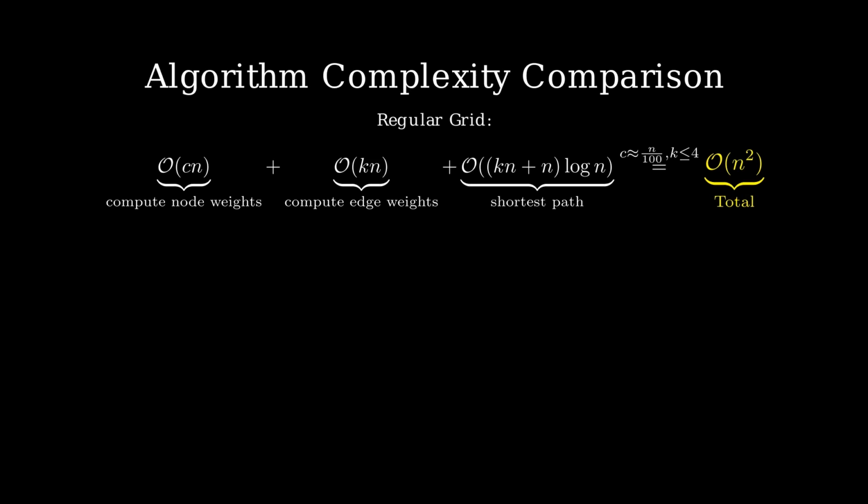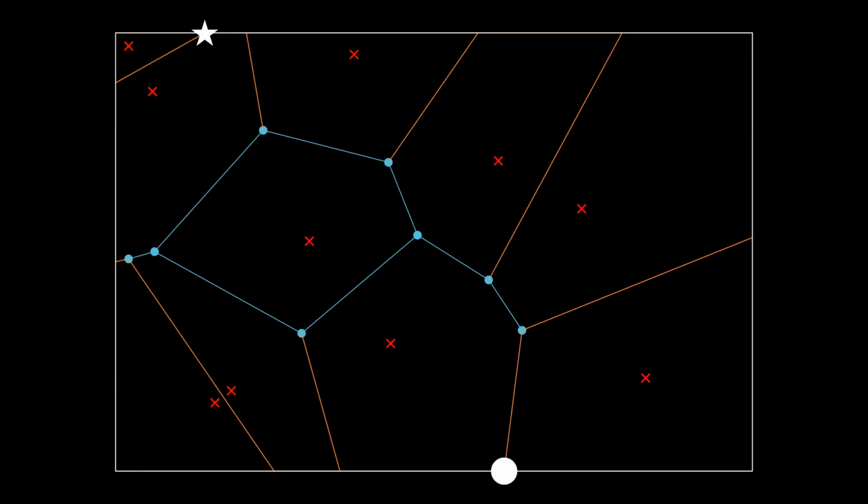There is a method that perfectly fits the type of this problem. It is the Voronoi diagram. A Voronoi diagram divides a space into regions based on the distance to a set of given points, where each region contains all locations closer to one specific point than to any other.